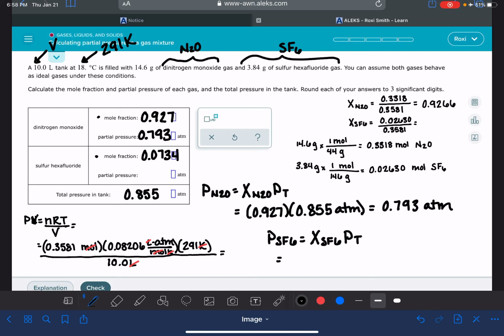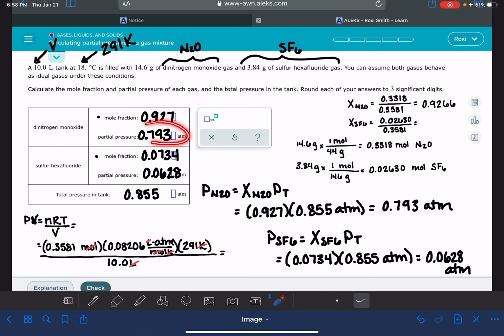The mole fraction of SF6 is 0.0734, and the total pressure is 0.855 atmospheres. 0.0734 times 0.855 is 0.0628 atmospheres.